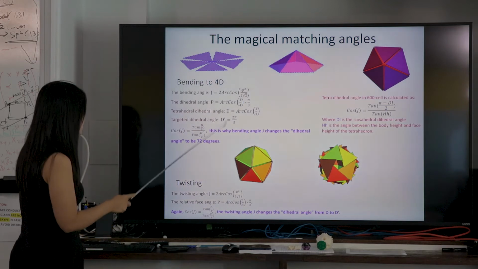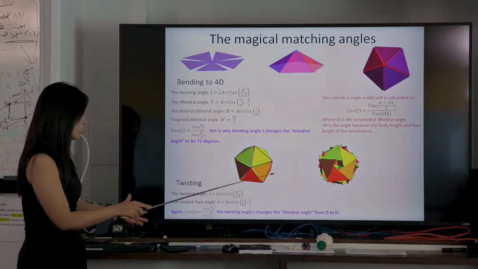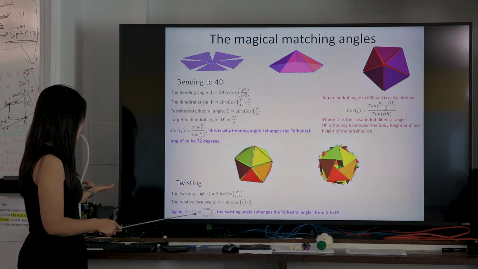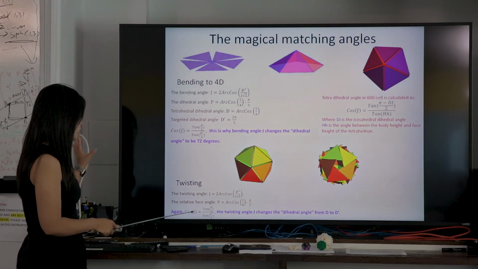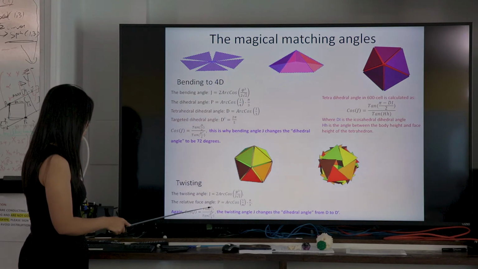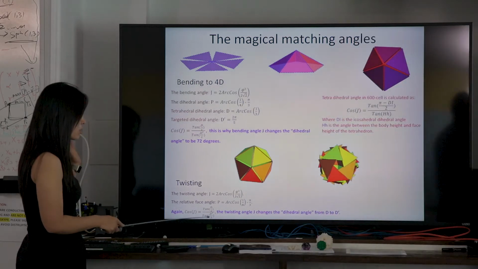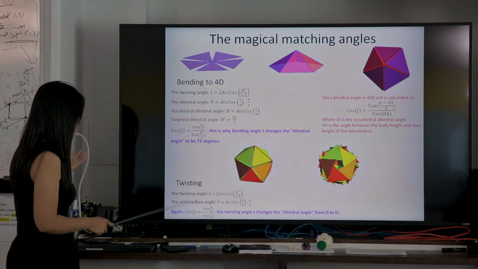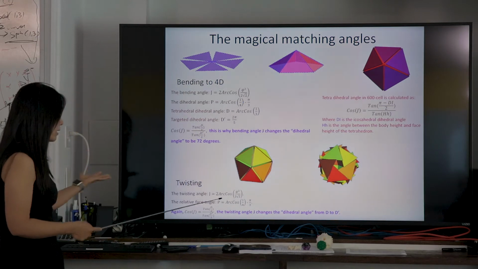And exactly the same thing happened here when we try to twist it. We notice that the relationship between the transformation angle, the effective dihedral angle, and the real dihedral angle also has the same kind of relationship. That's why these two transformation angles are the same.